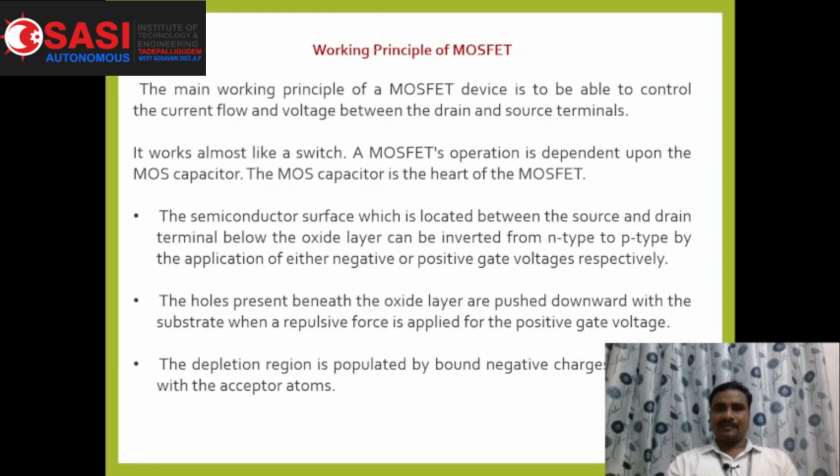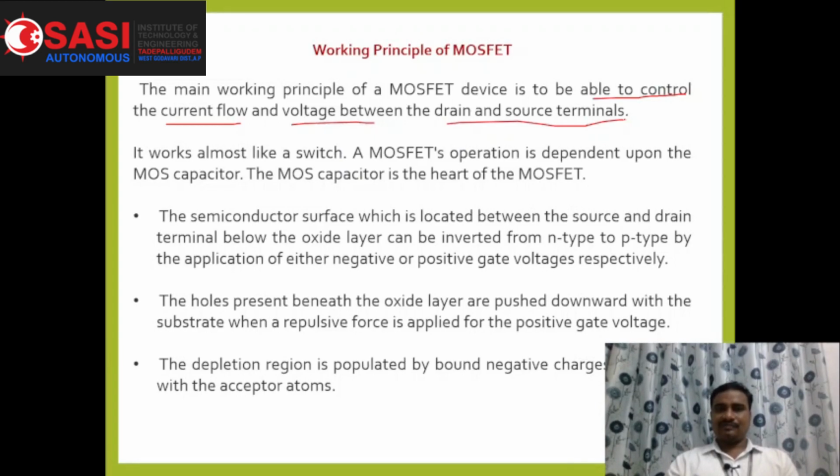Coming to the working principle of the MOSFET, the main working principle of a MOSFET device is to control the current flow and voltage between the drain and source terminals. We change the voltage or current values to control the current between drain to source and source to drain.